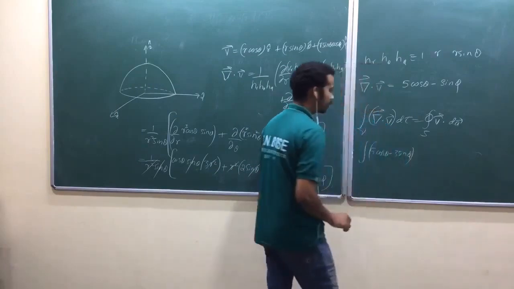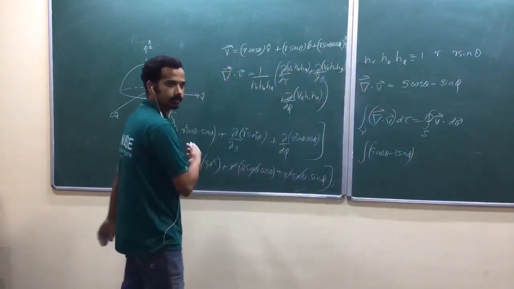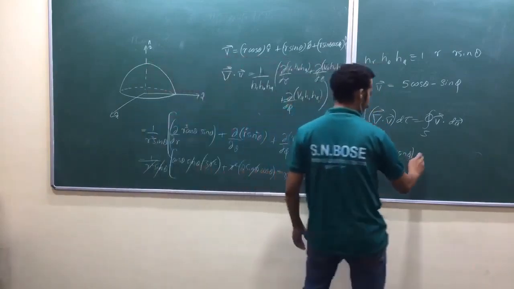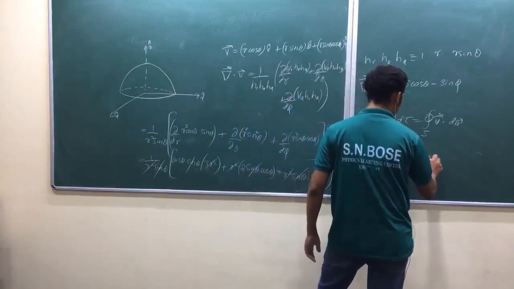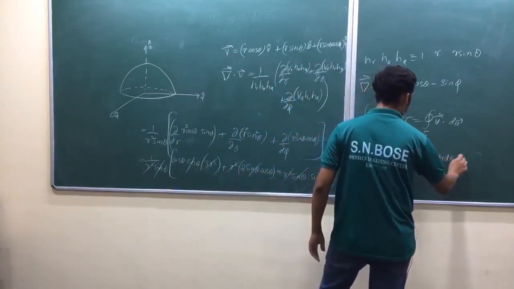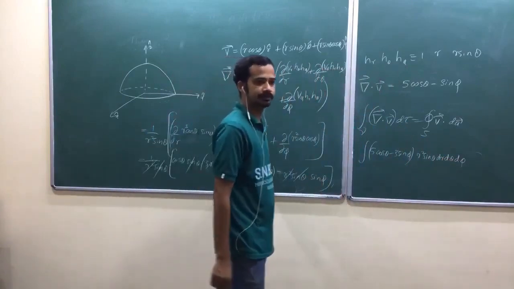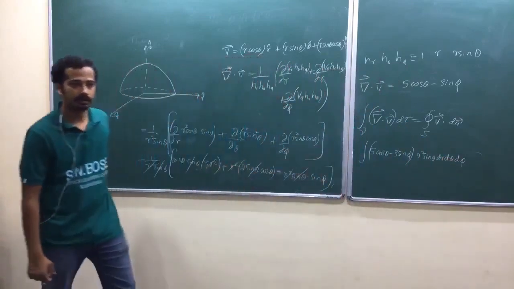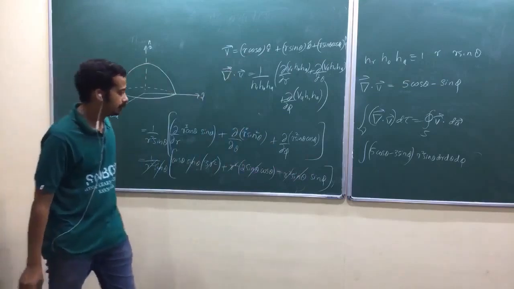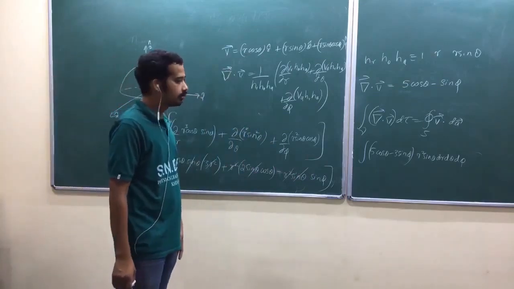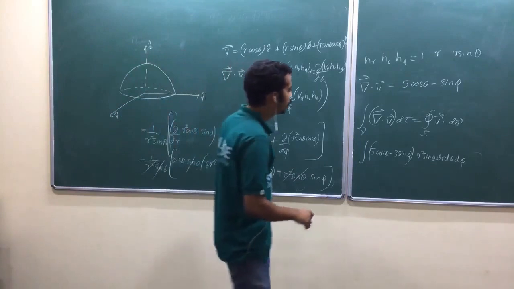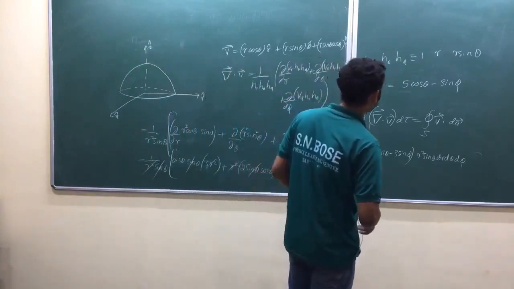What is d tau in spherical polar coordinate? Because we are in spherical polar coordinate, r square sin theta dr d theta d phi. Now how do you take the limits? Minus sin phi, 5 cos theta.